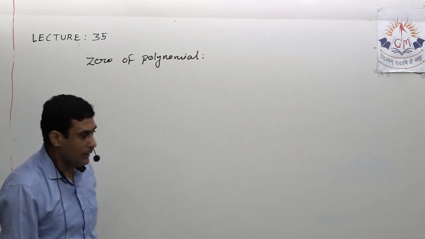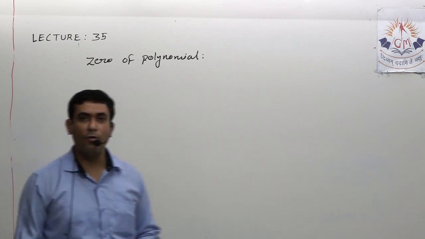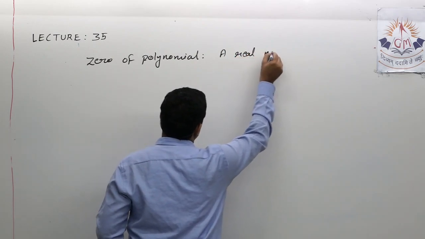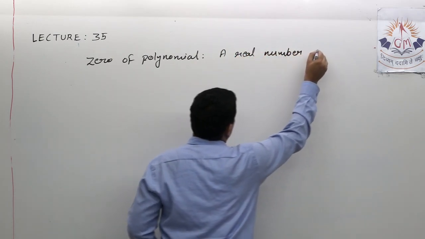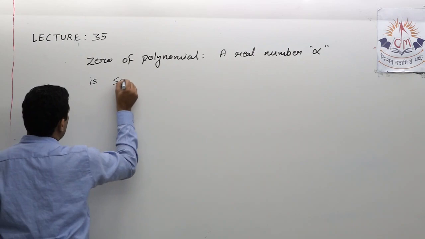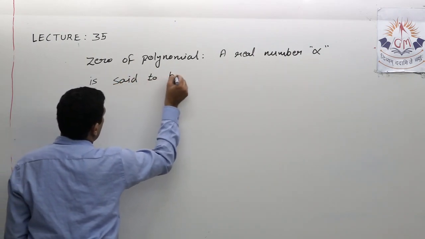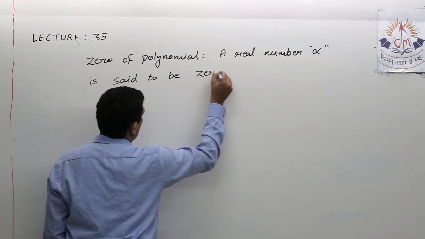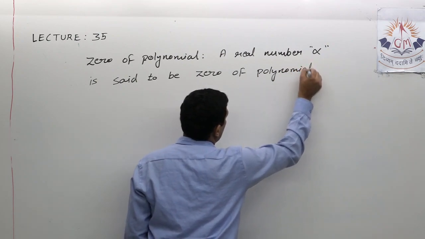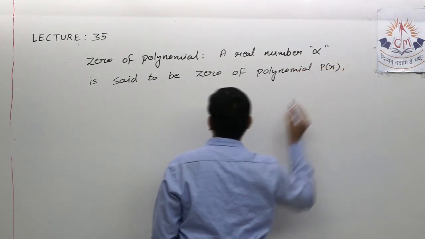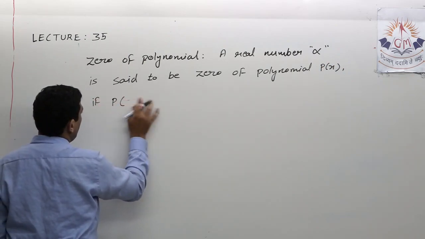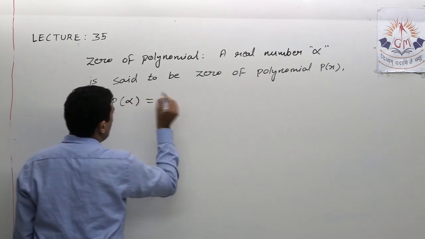Zero of polynomial. A real number alpha is said to be a zero of polynomial p(x) if p of alpha is equal to 0.